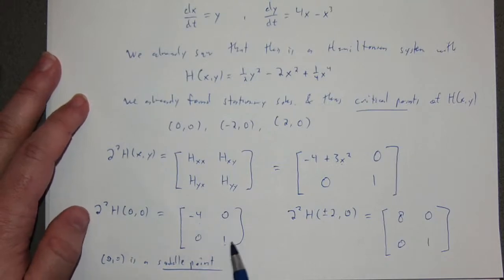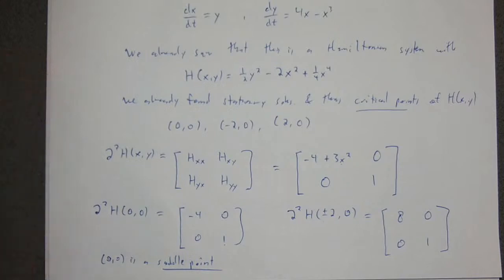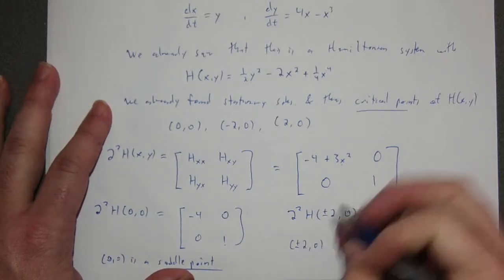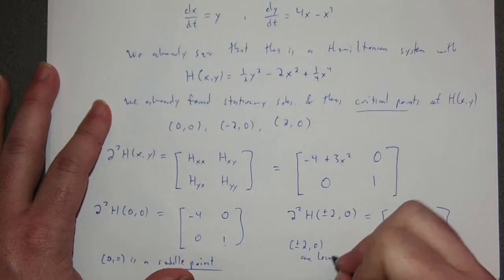So it has a negative eigenvalue and a positive eigenvalue, so saddle point. What about the other one? This has 2 positive eigenvalues, so I get local minimizers. So plus or minus 2, 0 are local minimizers.